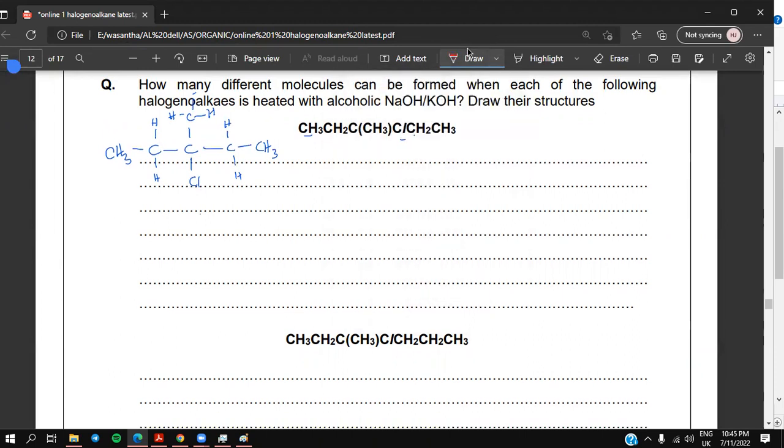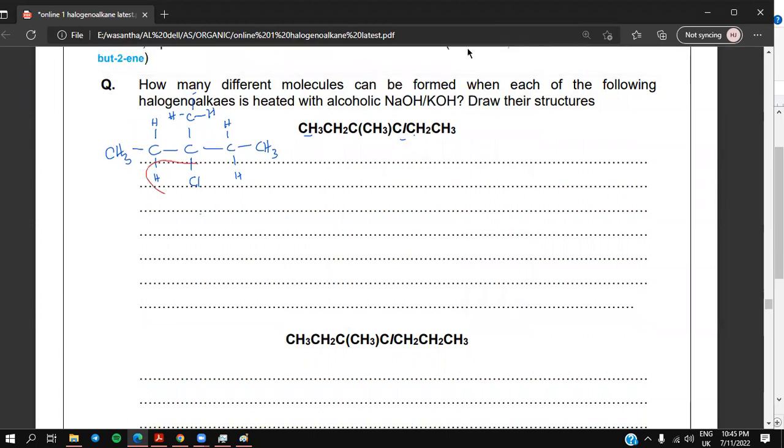First, I will remove this chlorine with the hydrogen on the left-hand side. And that gives me the product: between these carbon atoms, a double bond is formed. And on the left-hand side, there's a hydrogen and a CH3.